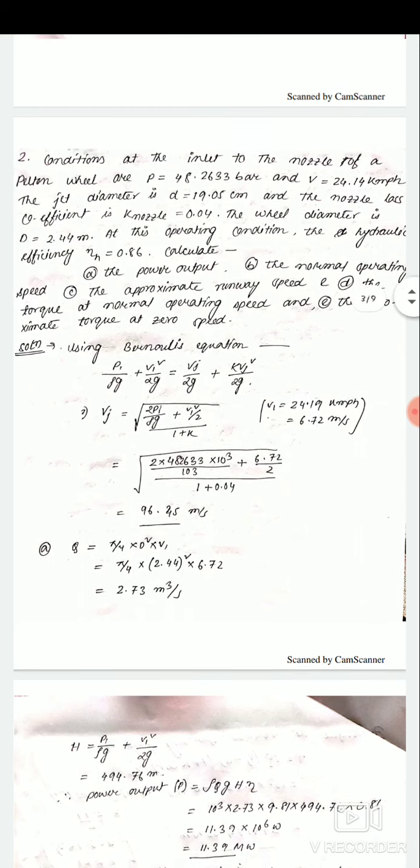So now for the operating speed, N equal to 60 into U divided by pi D. By putting the values, we can find the operating speed, that is coming out as 347.39 rpm. And we have to find out the approximate runaway speed.